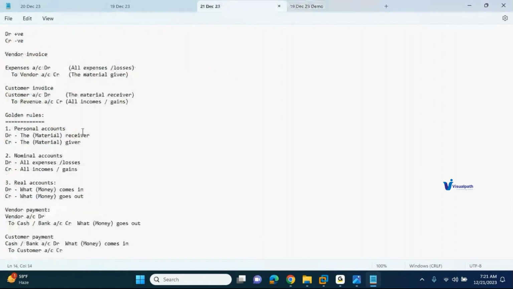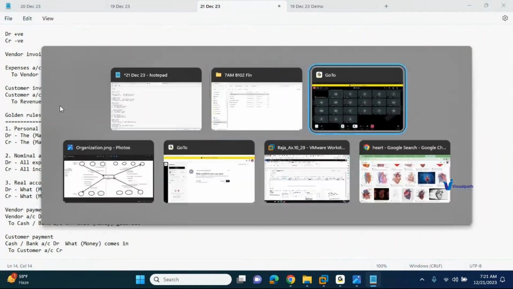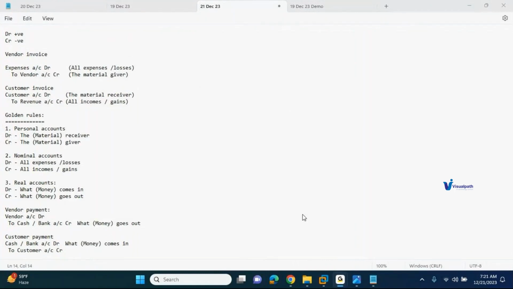Okay, so this you need to practice in front of the mirror. What is debit and what is credit? Frankly, whenever I was providing training in classroom sessions, not now, earlier classroom sessions, 5 years before, I gave an imposition to write this one 100 times.